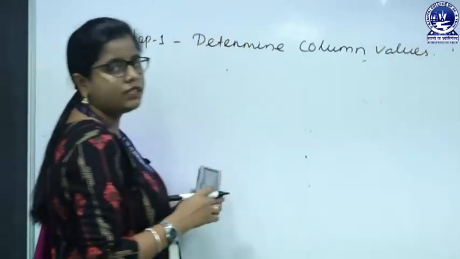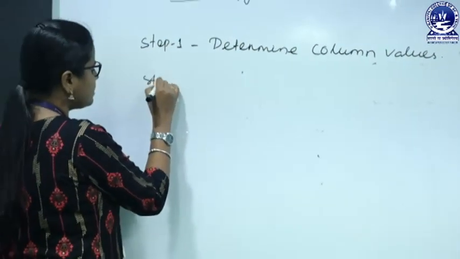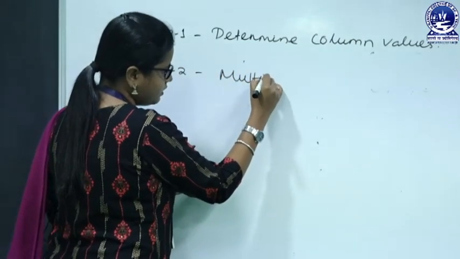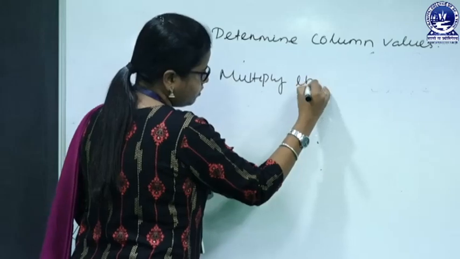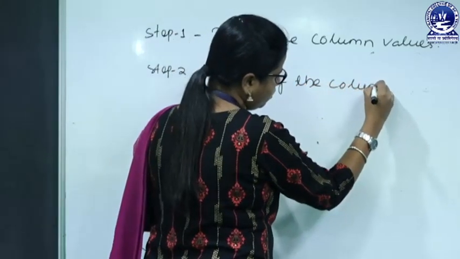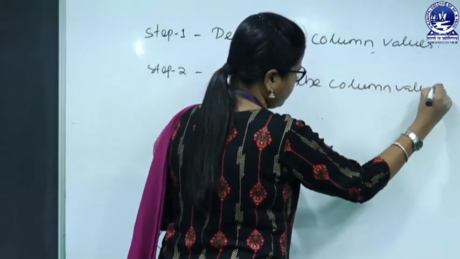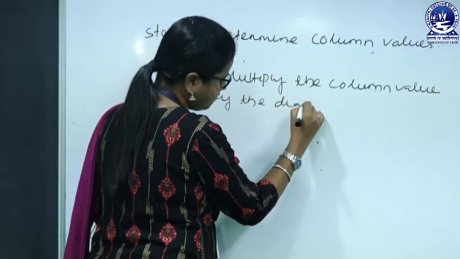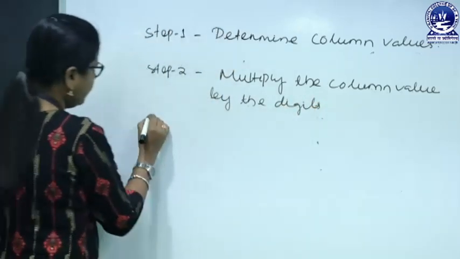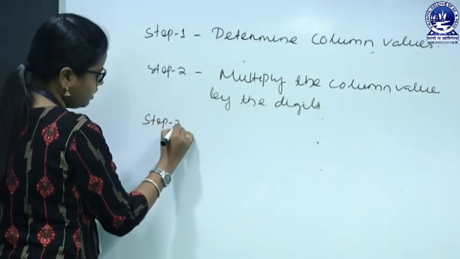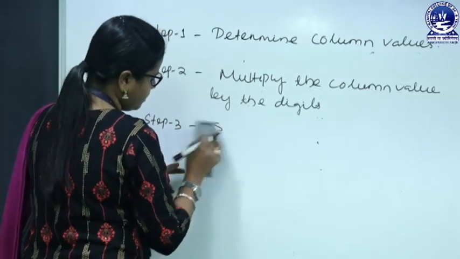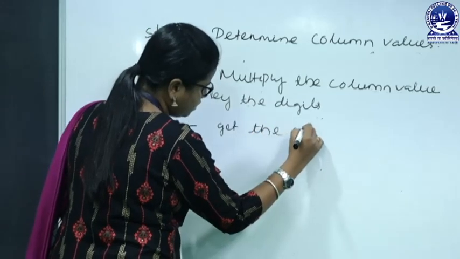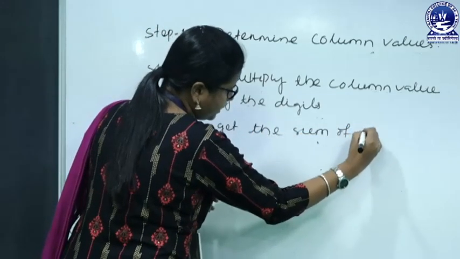Step 2: we will multiply the column value by the digits. Then in step 3: get the sum of products.